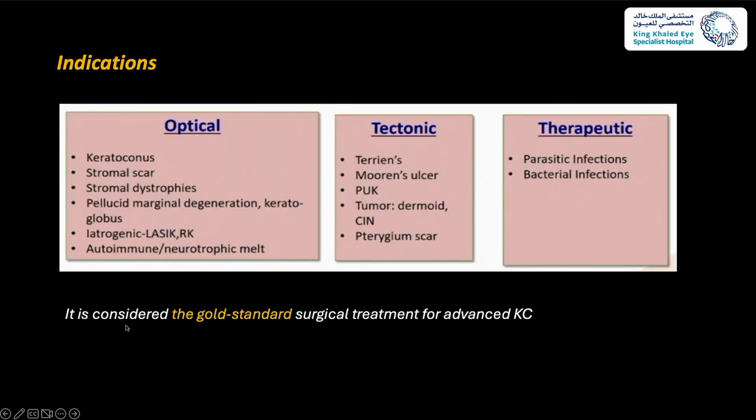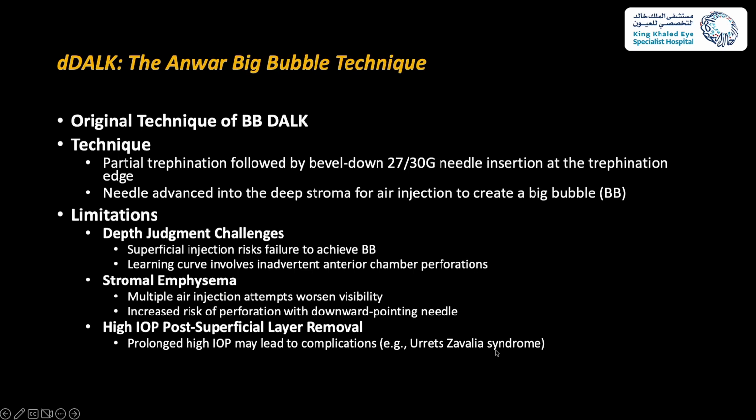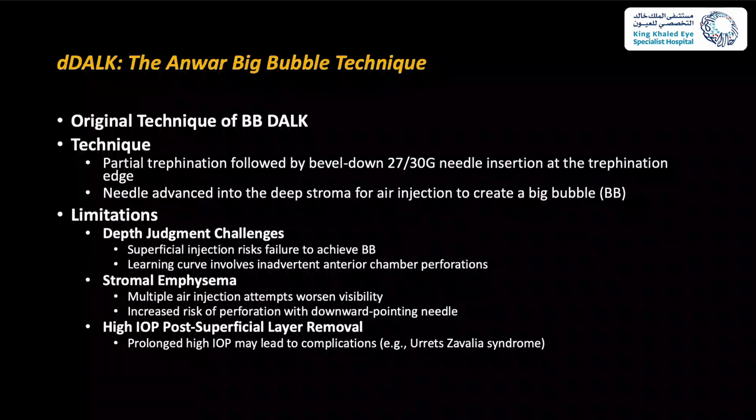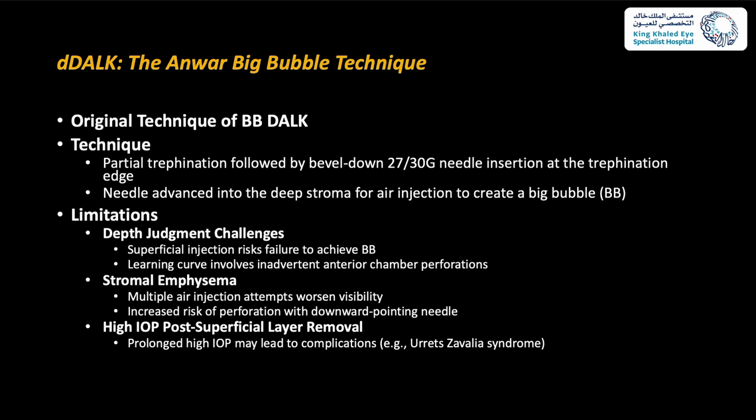So as we said, DALK is considered the gold standard surgical treatment for advanced keratoconus. The very well-known technique for the big bubble DALK is the Anwar big bubble technique, originally described by Anwar. Basically, you do partial trephination followed by a bevel-down 27 or 30 gauge needle inserted at the trephination edge, and then the needle advances into the deep stroma and we inject air.